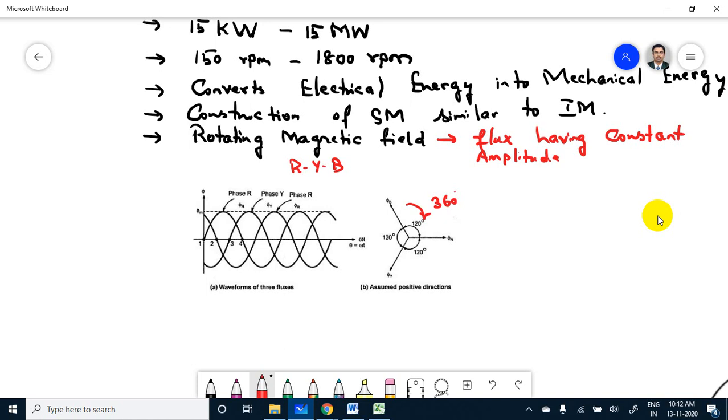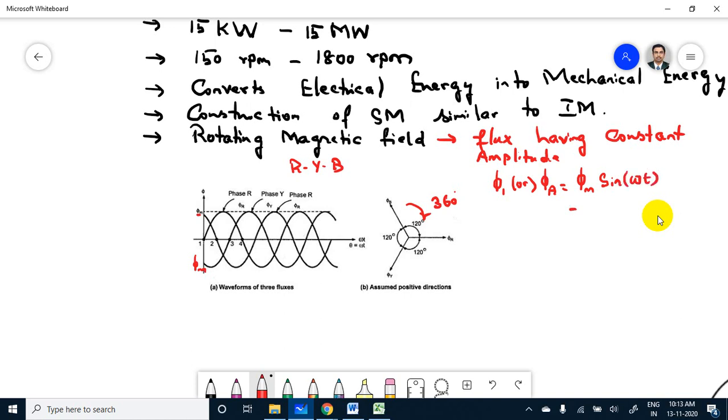Here the flux produced in R phase, phi r, equal to phi m, the magnitude.